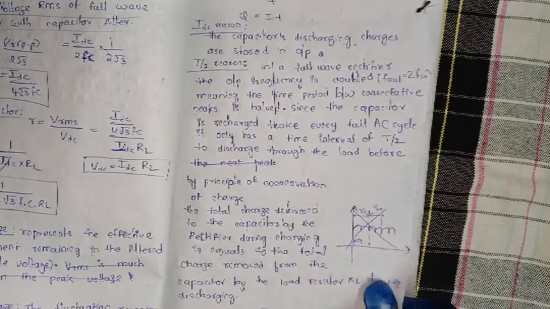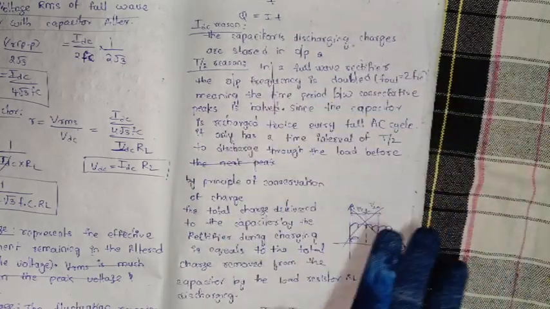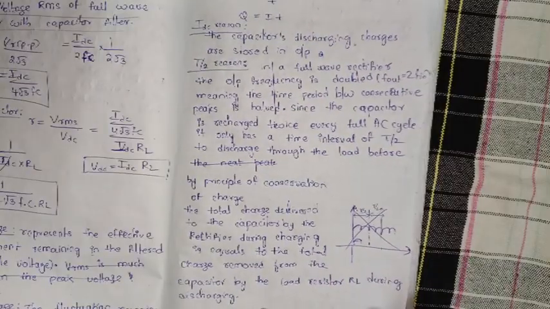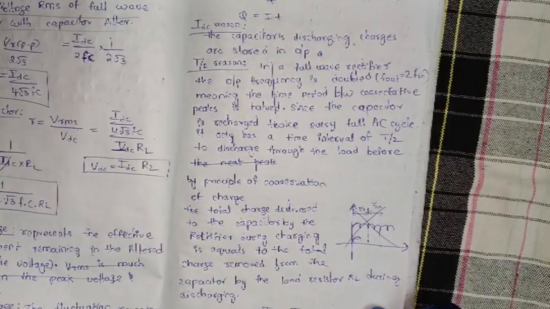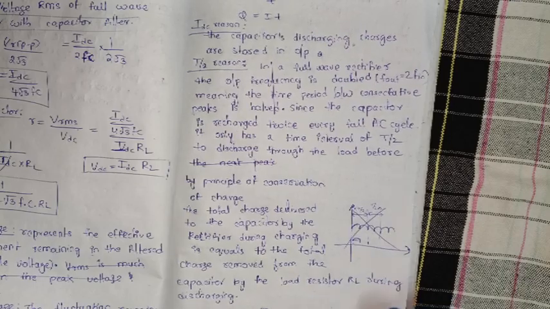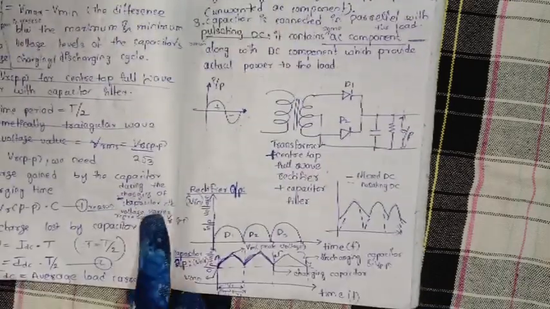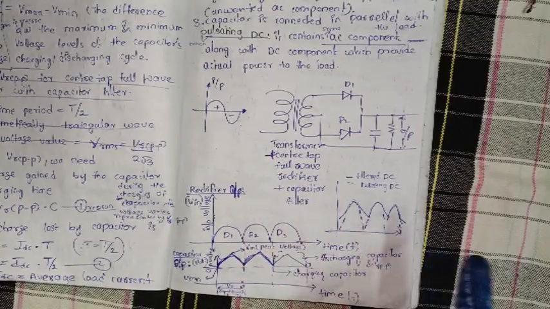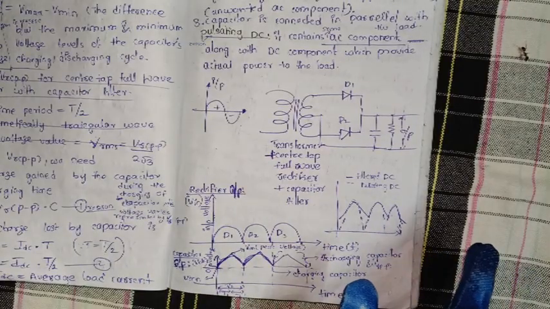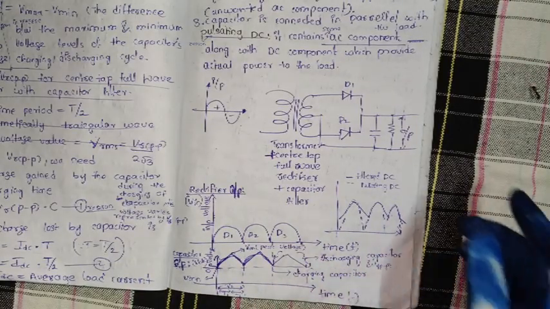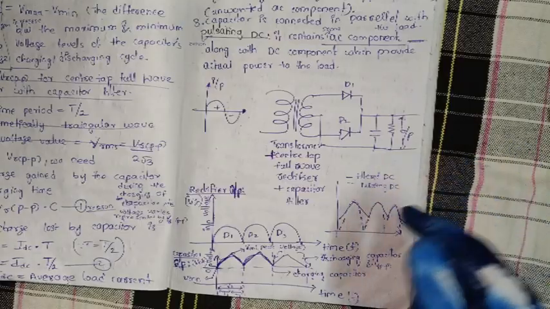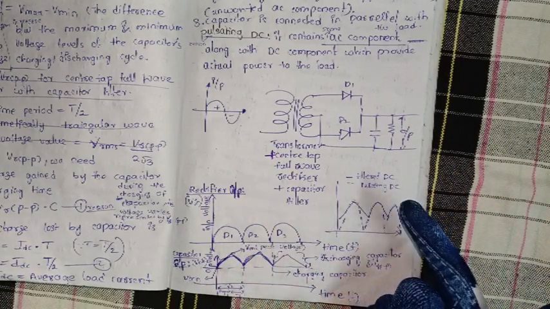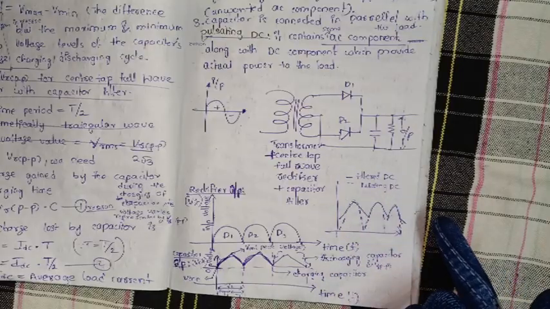So the capacitor is recharged twice every full cycle. I have shown you at the starting of this class what is one cycle, what is half cycle, positive half cycle and negative half cycle.